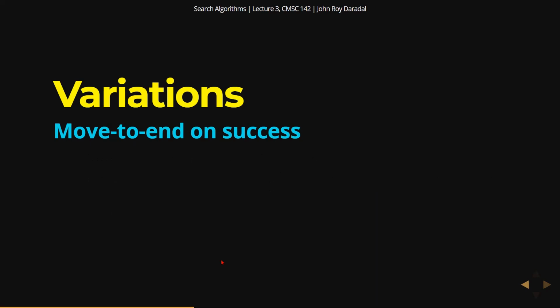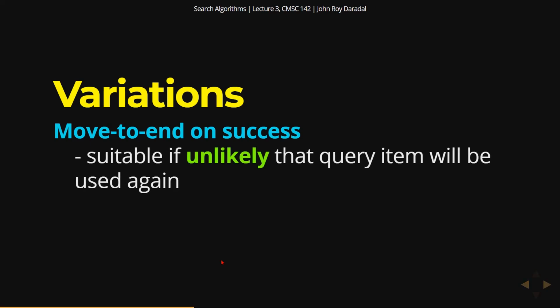Next is move to end on success. So this is the opposite of move to front. Okay, so if earlier you wanted it to move to the front because there's a higher chance that you're going to look for it again, move to end on success naman is suitable if it's unlikely that the query item will be used again. So like if you look for it now, then probably you won't look for it later.